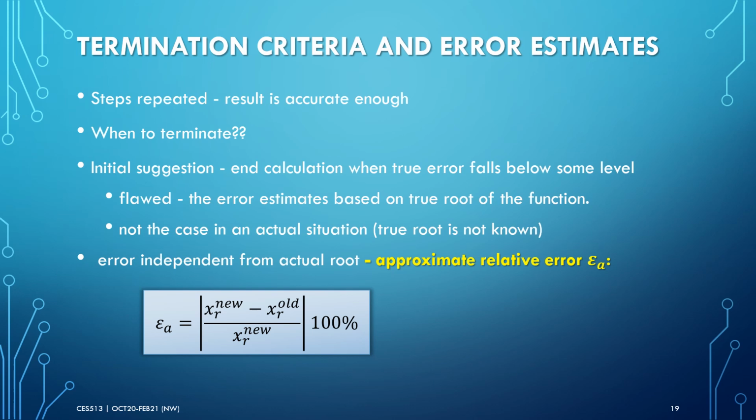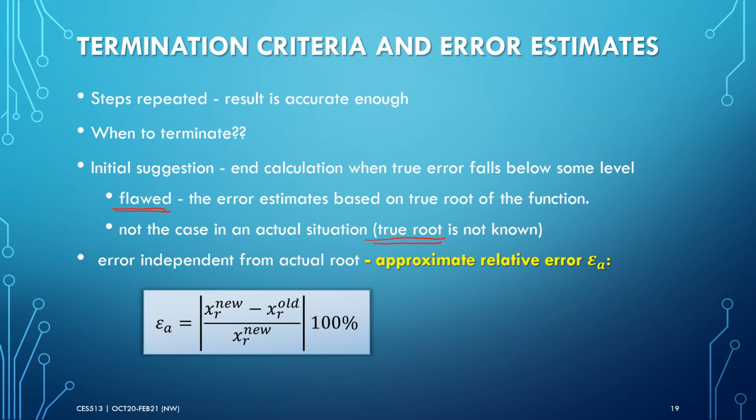But this strategy is flawed, because the error estimates in the example were based on the true root of the function. This would not be the case in an actual situation, because there would be no point in using the method if we already know the true root.